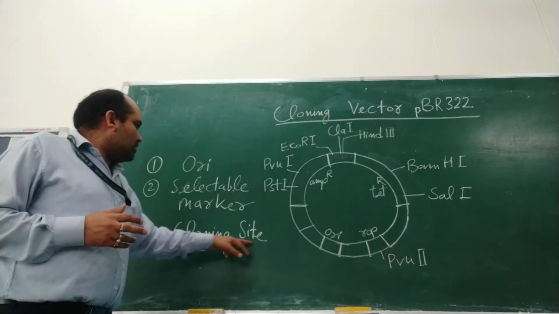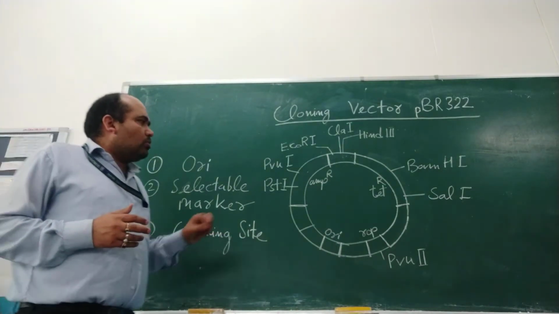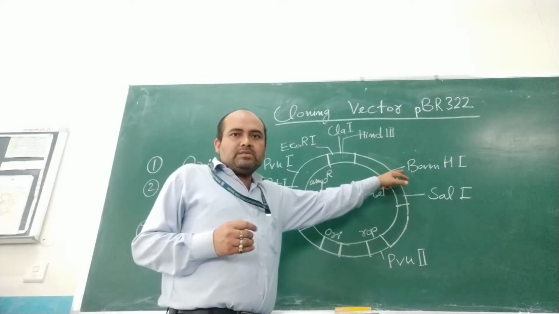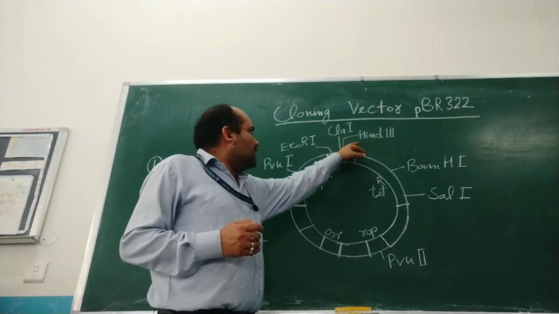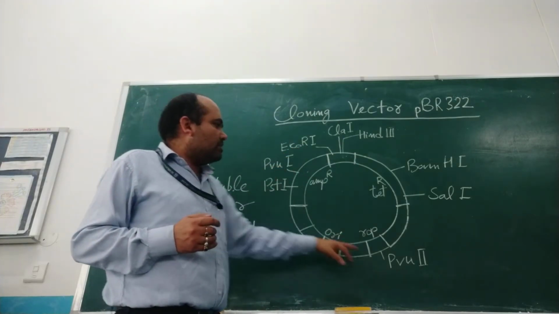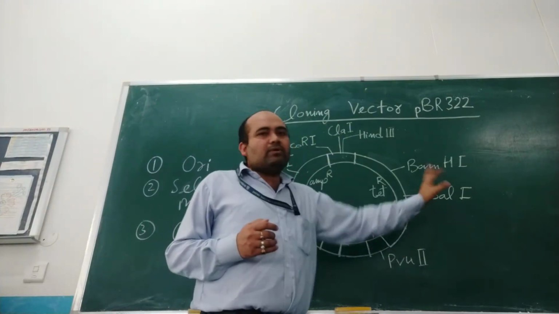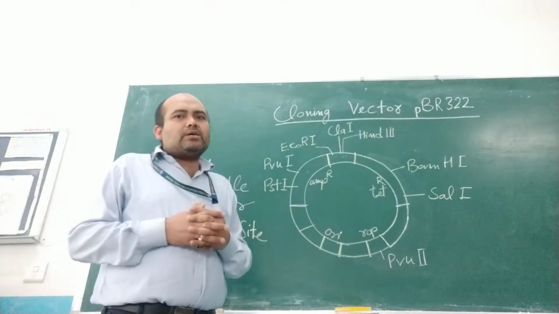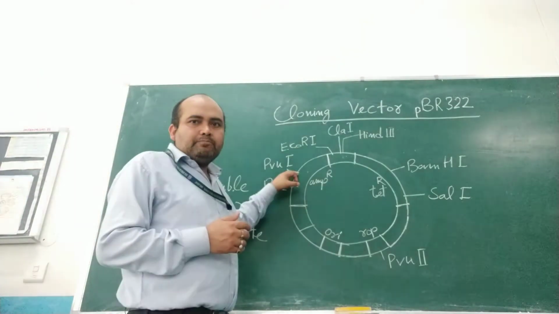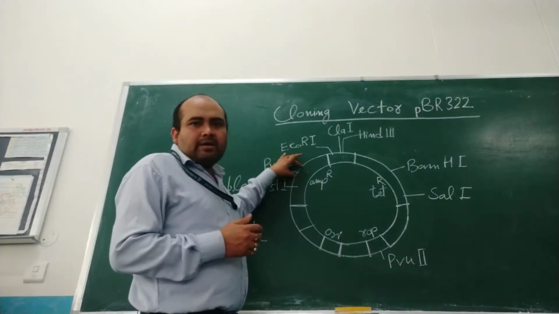Here you see the cloning sites. What are the cloning sites? These points: BamHI, HindIII, EcoRI, PvuI, PstI or PvuII, SalI. These are actually restriction endonucleases. When they cut this DNA, there will be a gap.